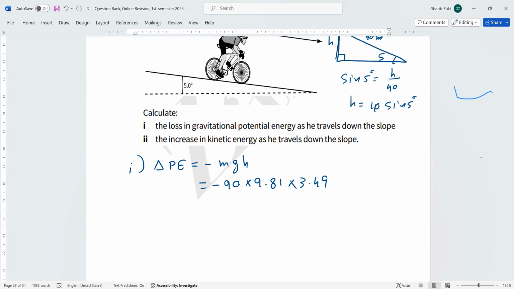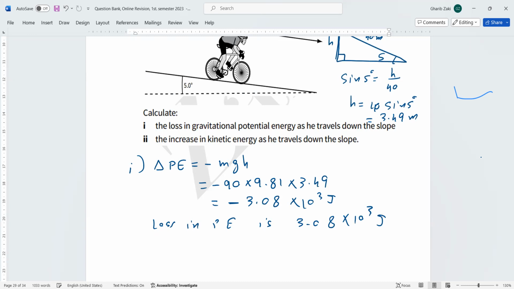H is this one, H equals 40 multiplied by sine 5, which is 3.49 meter. So the answer is negative 3.08 multiplied by 10 to the power 3 joule. So the loss in potential energy is 3.08 multiplied by 10 to the power 3.